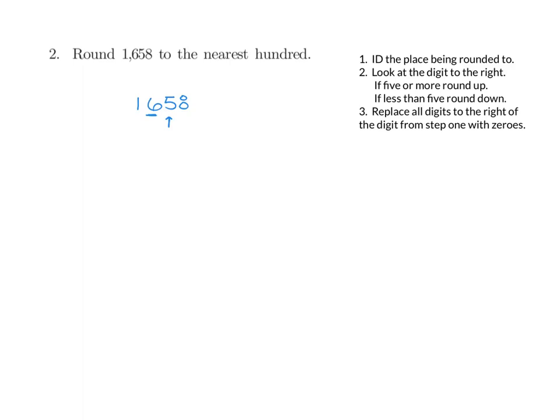If less than 5, we round down. So since 5 is 5 or more, we're going to round up, which means I want to add 1 onto the 6. I'm going to make it a 7. And then I want to replace all digits to the right with zeros. So we get 1700. We're done with this one.